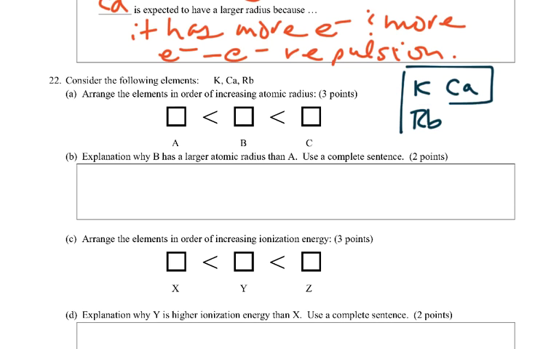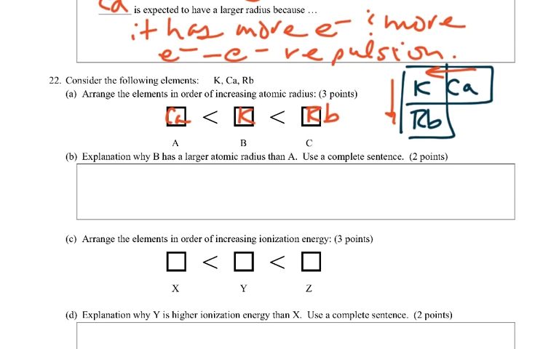Arrange these elements in terms of increasing atomic radius. So who's the smallest? Upper right is the smallest, so Ca. Bigger than that would be K. Bigger than that would be Rb, because they get bigger this way and they get bigger this way. So Ca, K, and Rb.